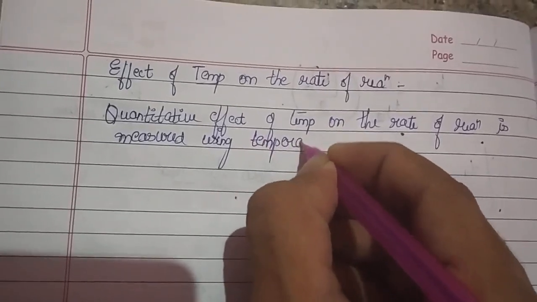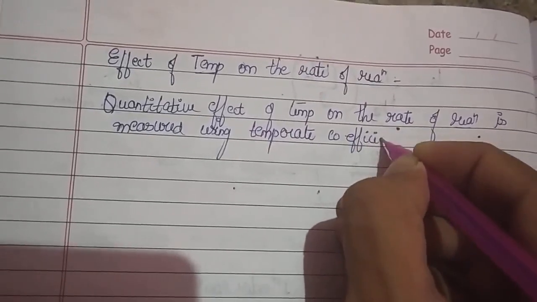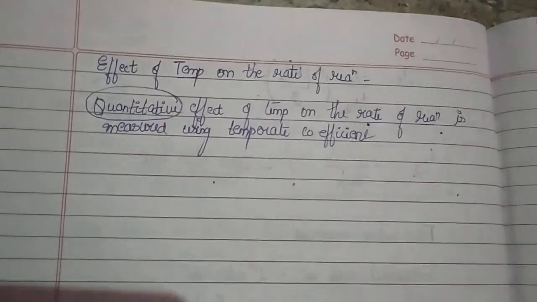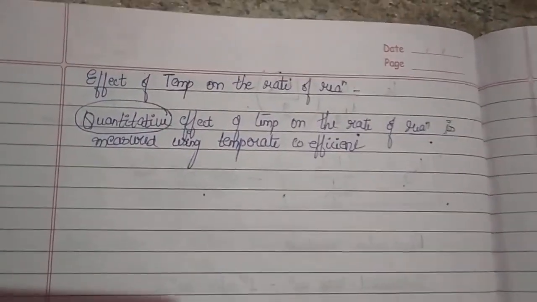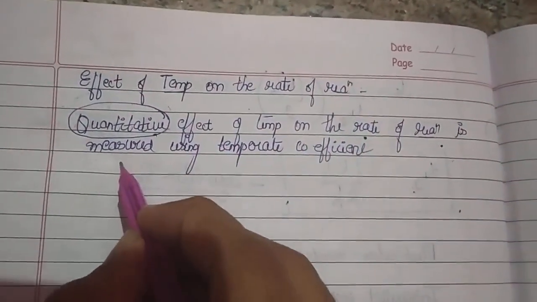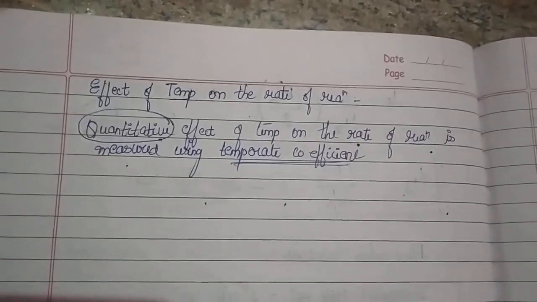Very much important. Temperature coefficient. So whatever the quantitative approach is, that is the calculative part of your rate of the reaction, which can be measured using the concept of the temperature coefficient.